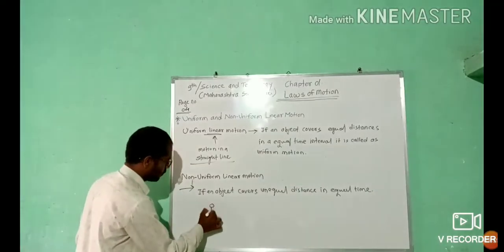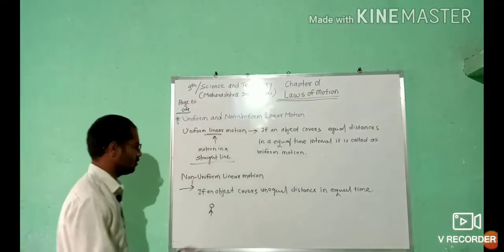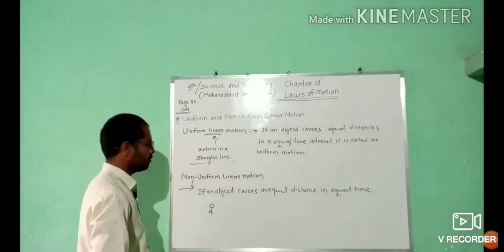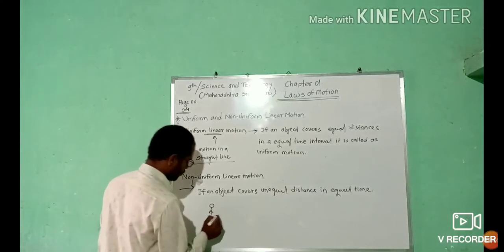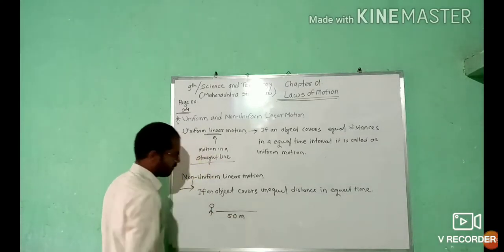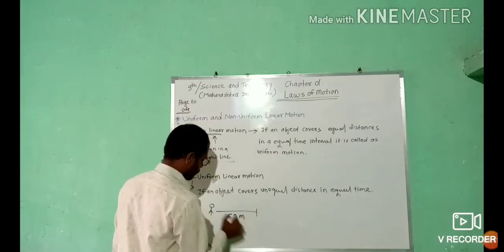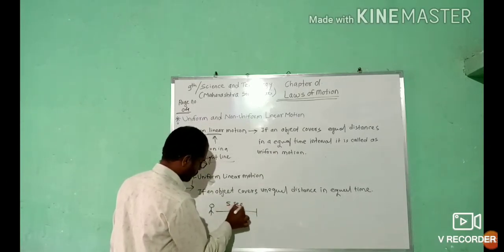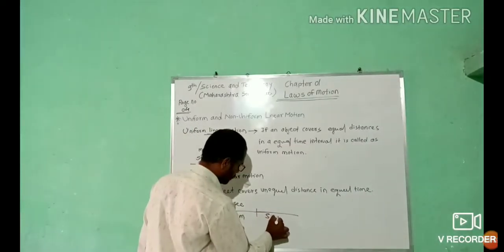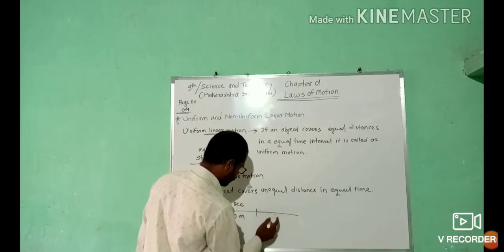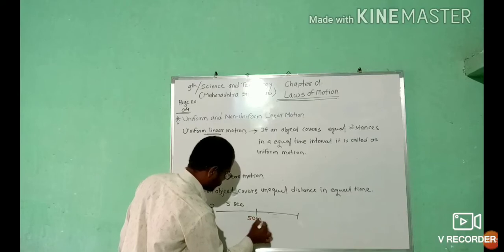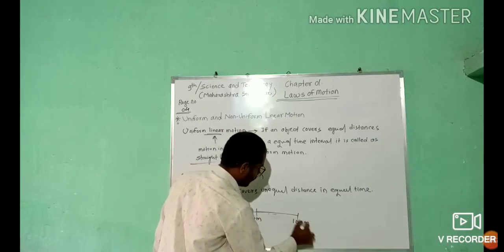Suppose there is one person, okay, he is going from one place to another place. Okay, so he has covered some distance in some time. Suppose first of all he covered 50 meters in 5 seconds. Okay, after another 5 seconds he has covered the total distance of 100 meters.